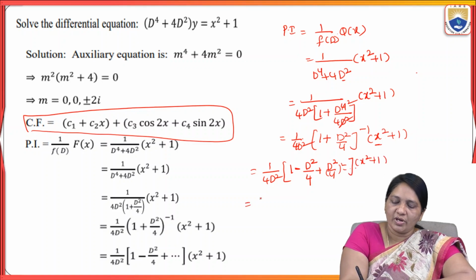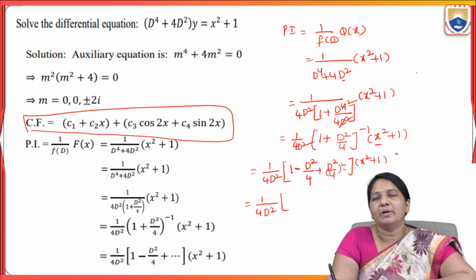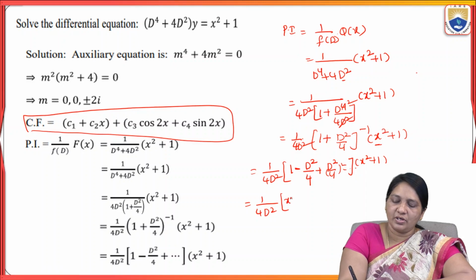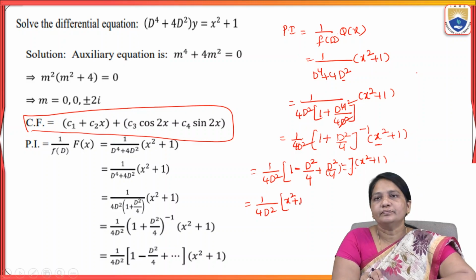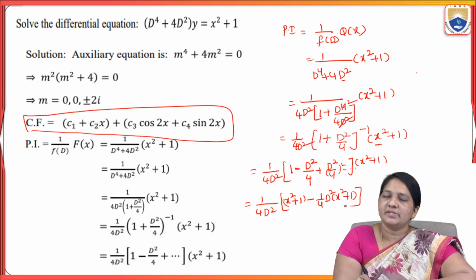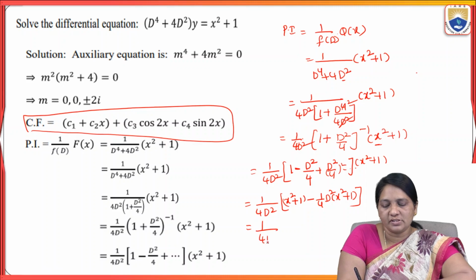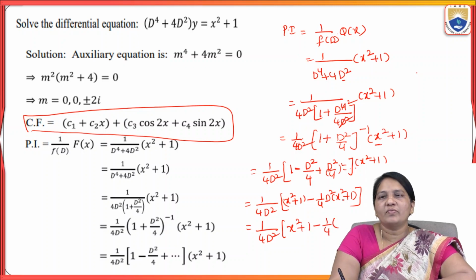So now 1 by 4D^2 as it is. Now we are going to multiply with x^2 + 1. So 1 into x^2 + 1, minus 1 by 4 D^2 of x^2 + 1. This term is enough because we are getting a constant here. So 1 by 4D^2, first term is x^2 + 1 minus 1 by 4 into D^2 of x^2.